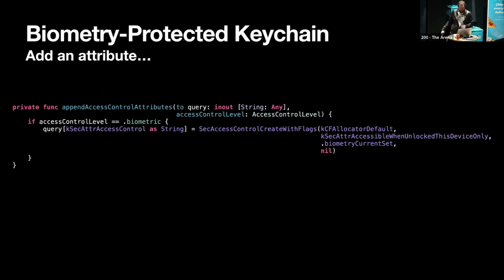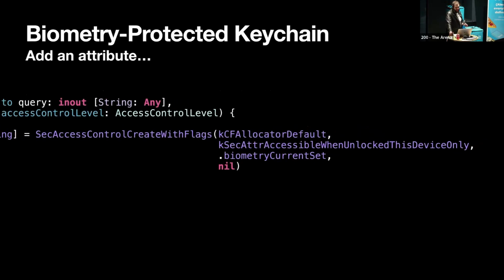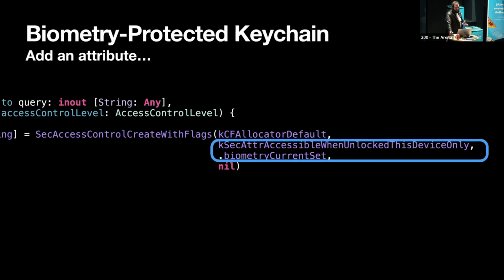It's quite a huge method, unfortunately. Well, it's Keychain. And the way you do it is, if we zoom in, we set this control attribute, in this case biometric current set. We create the access control flags, and we create biometric current set.